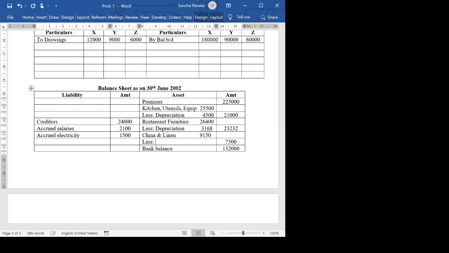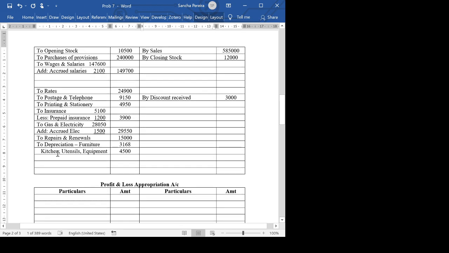The difference between the two is the depreciation, and that comes to 1,650. So the depreciation on china and linen is 1,650.